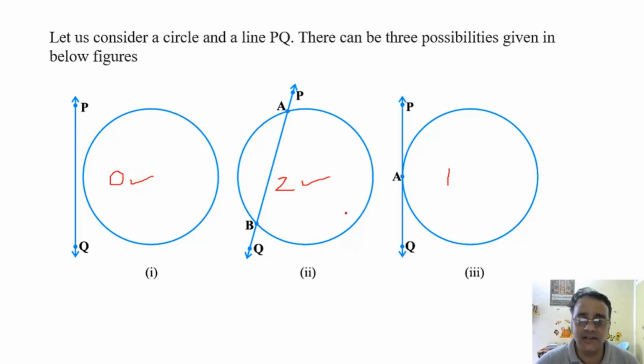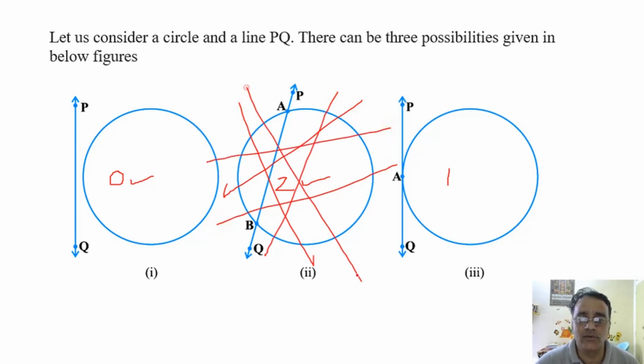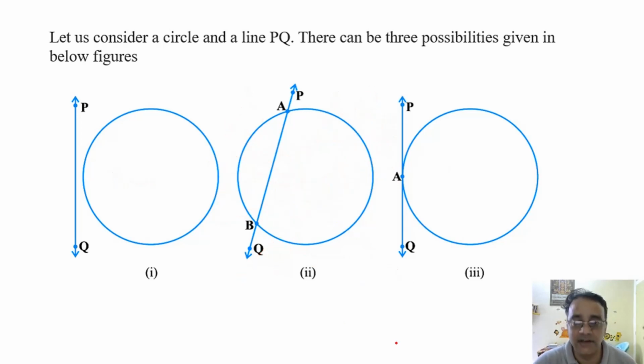You can draw any circle and any number of lines, however you draw, the line will intersect at a maximum of 2 points. Minimum is 0, and another is 1.